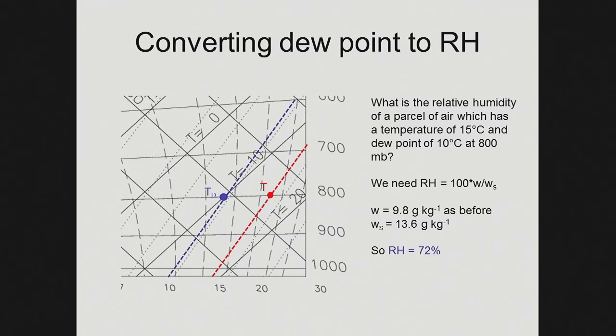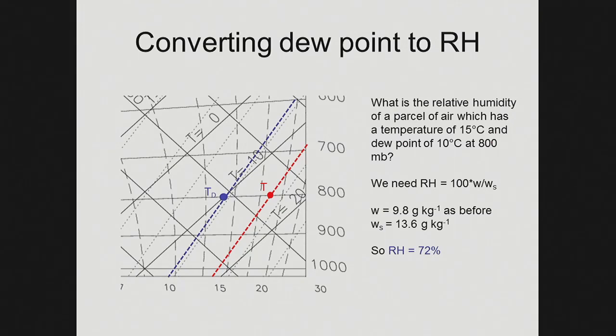The one I gave before was the ratio of the vapor pressure to the saturated vapor pressure. But because the mixing ratios are proportional to the vapor pressure, provided you keep the atmospheric pressure the same, and in this case they are both at the same atmospheric pressure, then we can just use the mixing ratio divided by the saturated mixing ratio.